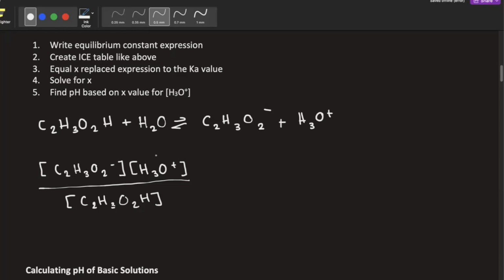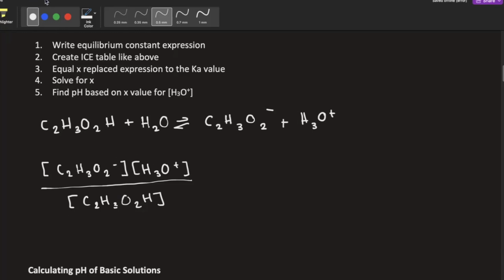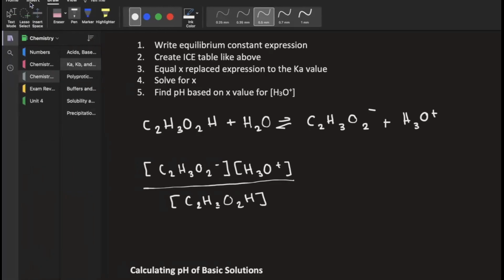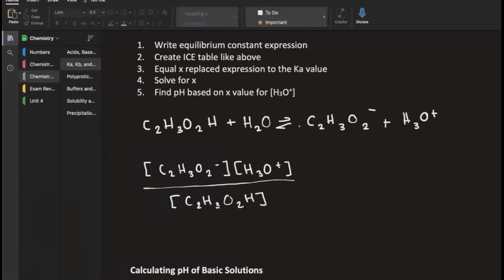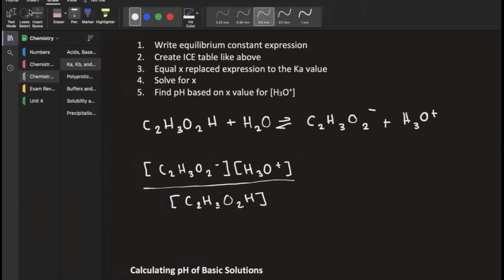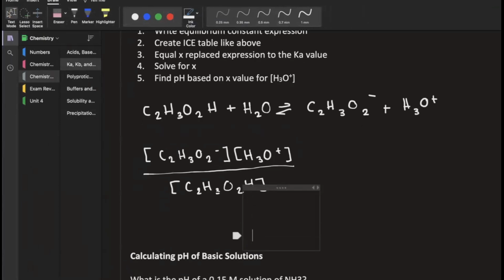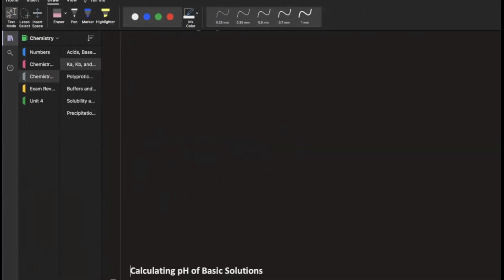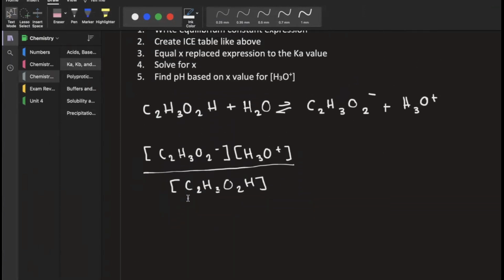Okay, so that is going to be our equilibrium constant expression. I'm going to also extend this text mode, so we have a little bit more space to work.